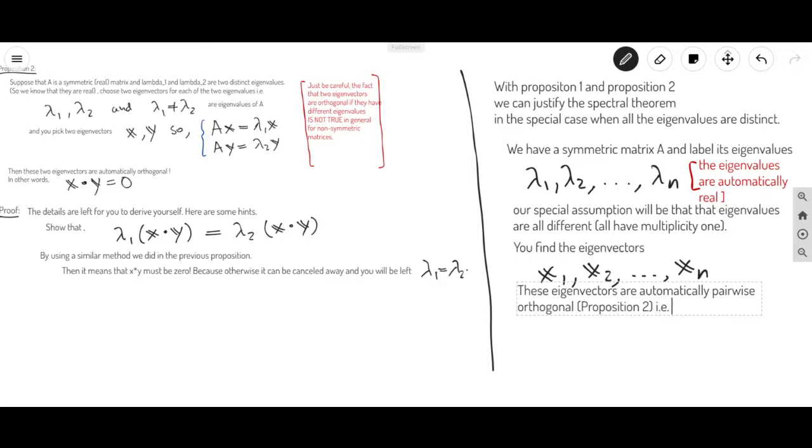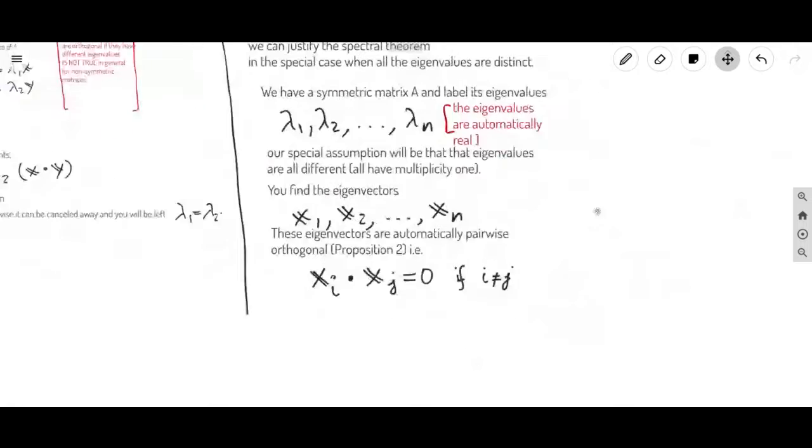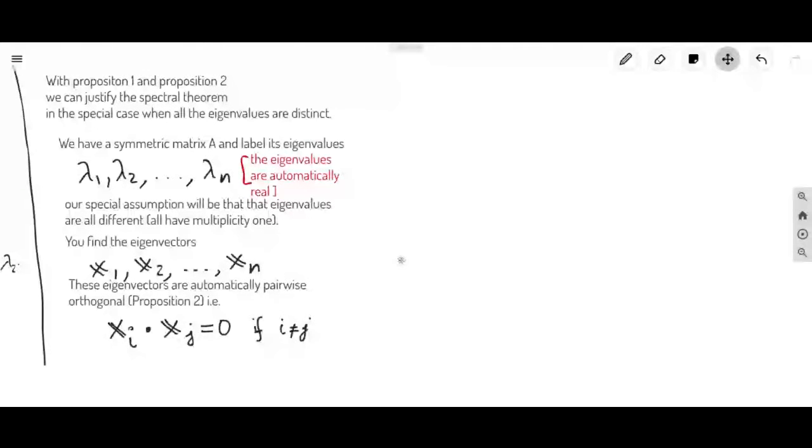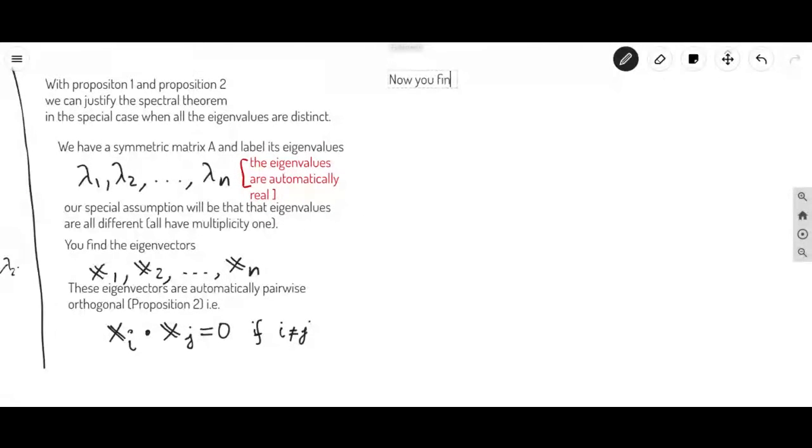What does that mean? That means if you take xi and take the dot product with xj, you get that it's 0 if i and j are different. Okay, so now you can form the matrix.